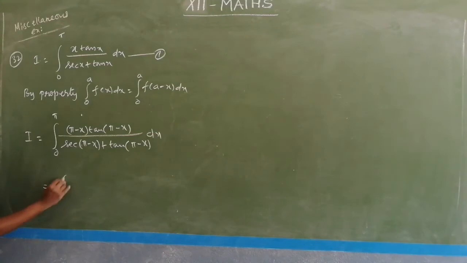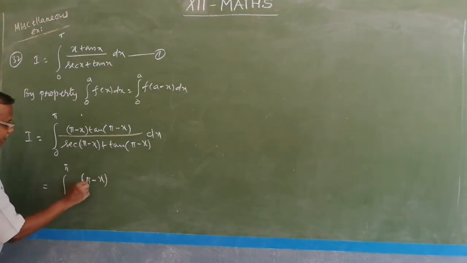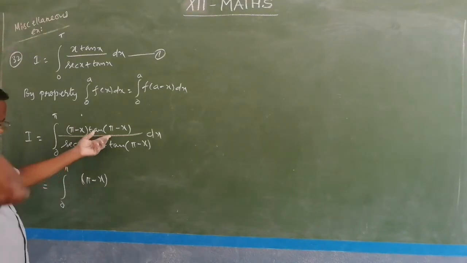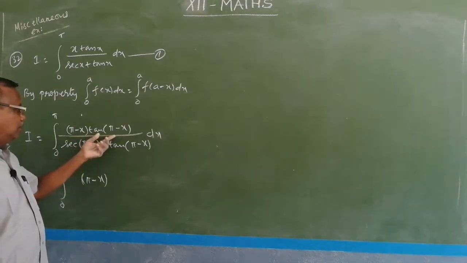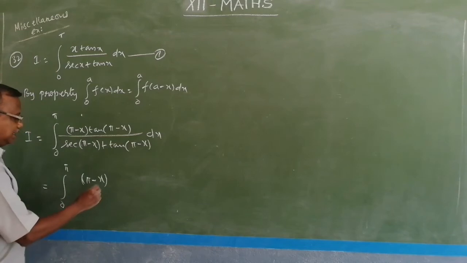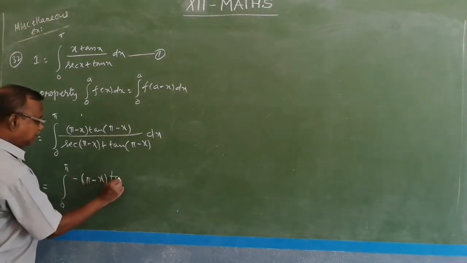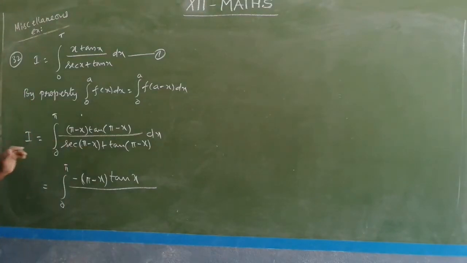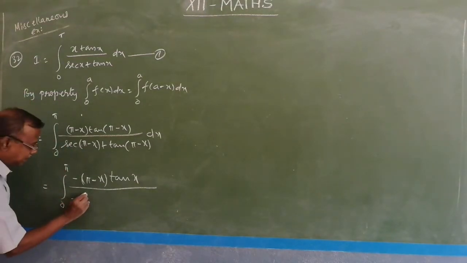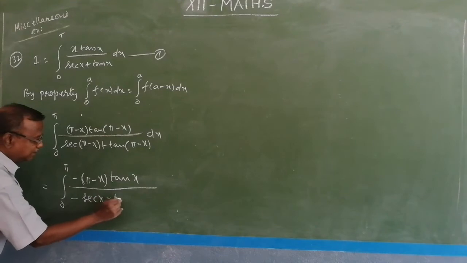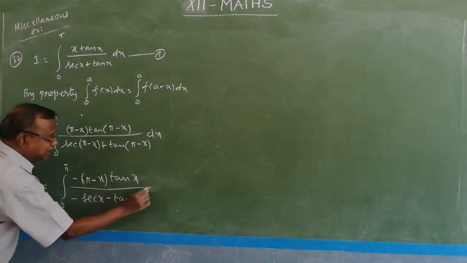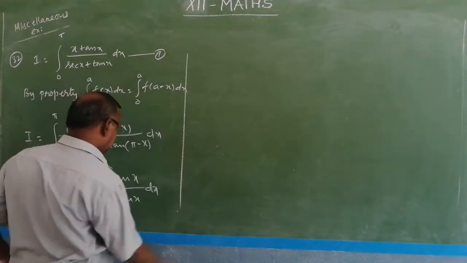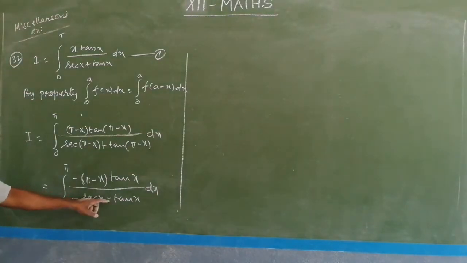This is equal to the integral from 0 to pi of pi minus x into tan of 180 minus theta, which is minus tan theta, because in the second quadrant only sine is positive. So it is minus tan x. Similarly, secant of pi minus x is minus secant x, and tan is minus tan x, into dx. Now, eliminating the minus, we take the minus in the denominator commonly and the minus minus cancel.